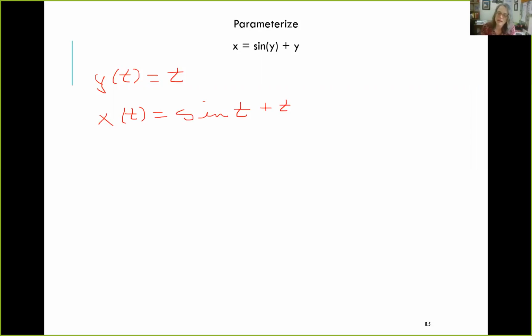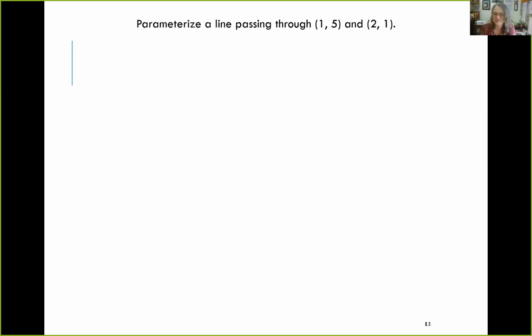Okay. Let's look at a slightly more complicated example. And this one's kind of silly. Your textbook has better examples, but we'll go through this one anyway. There's a couple of ways we could do this. We want to parameterize a line passing through these 2 points. The easiest way to do this, so I'm going to make a table of values, t, and I'm going to call this an x and a y.